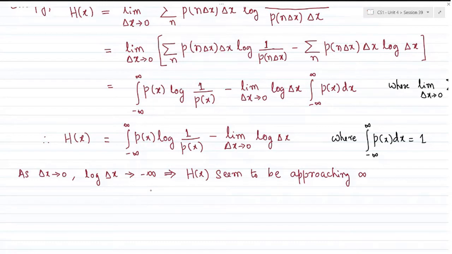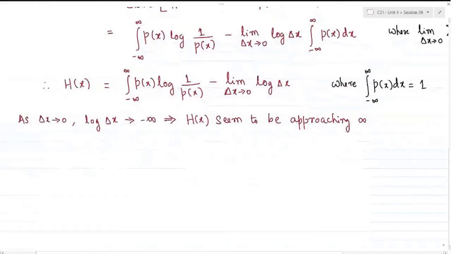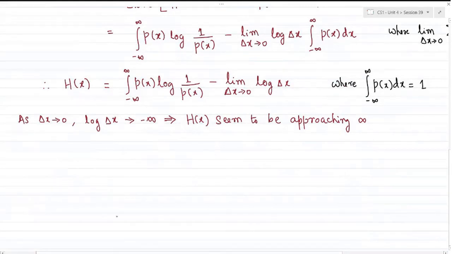But does this mean that we cannot define the entropy for a continuous random variable? Can there be any good definition of entropy for a continuous random variable? This needs to be understood properly.